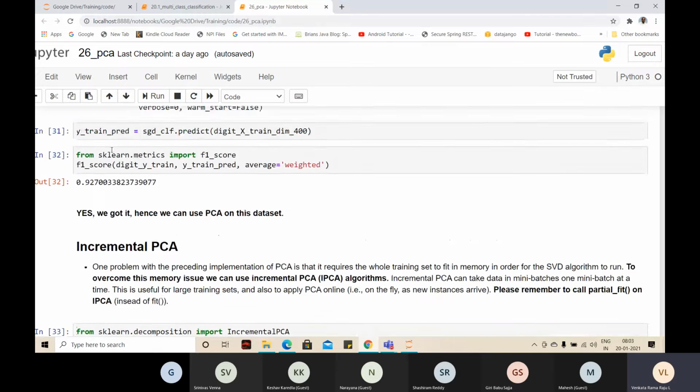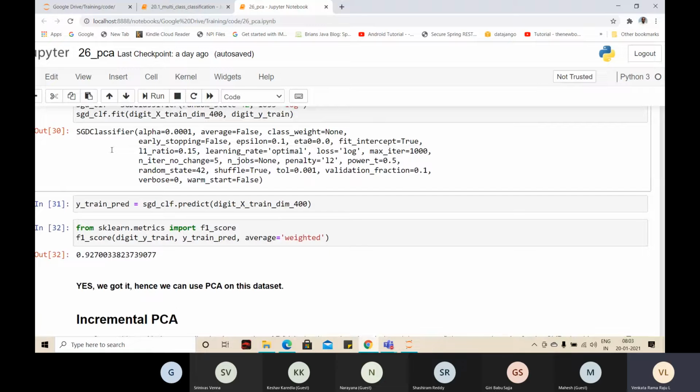We got 92% accuracy. That means we can apply PCA on this data and then build a model which actually improves performance. Multi-collinearity will be reduced and performance will improve. On the same processor and RAM, you can handle more data because the number of columns got reduced.